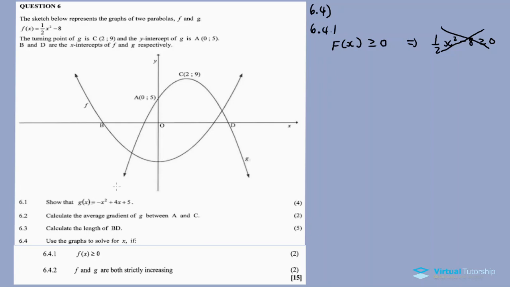So here I'm looking for the part of the graph which is greater than or equal to 0. Basically, with this statement, I'm looking for the part of the graph where the values of y are greater than or equal to 0, and we want to know which x values make f of x greater than 0.